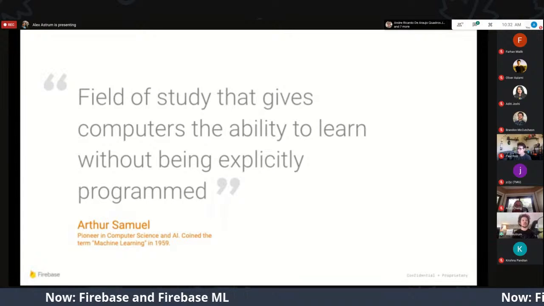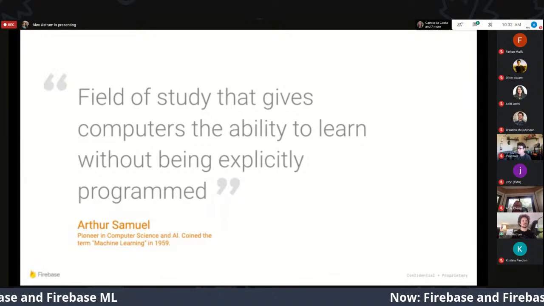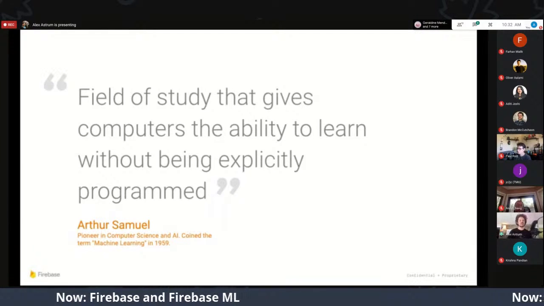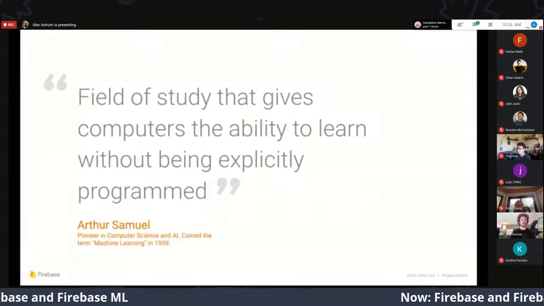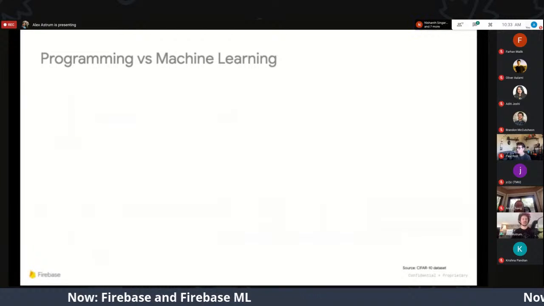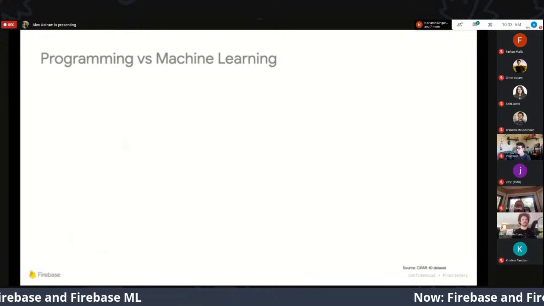If I were to quote Arthur, the field of study that gives computers the ability to learn without being explicitly programmed, that is, the ability that gives computers a way to find answers that are not necessarily deterministic in our view, is what machine learning is about.